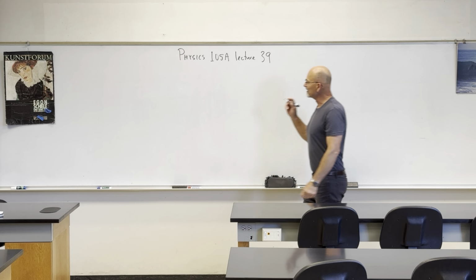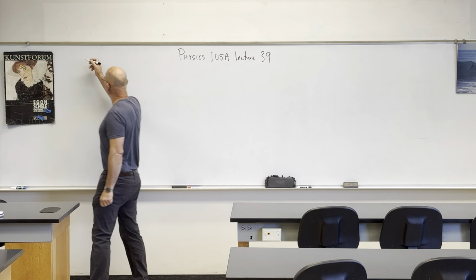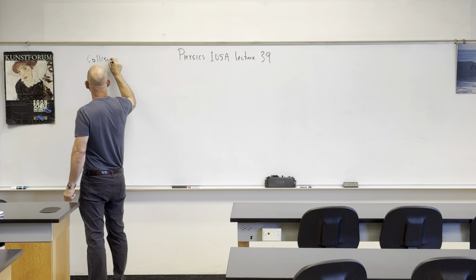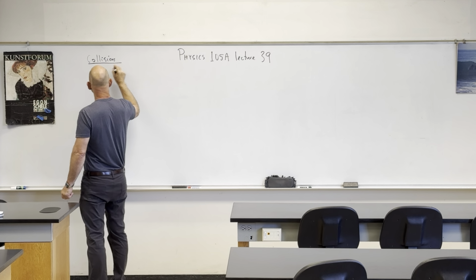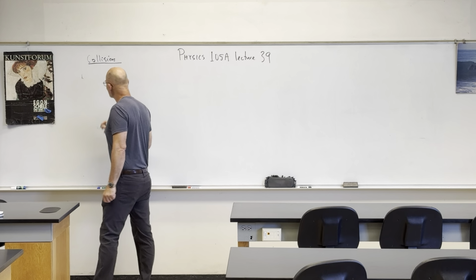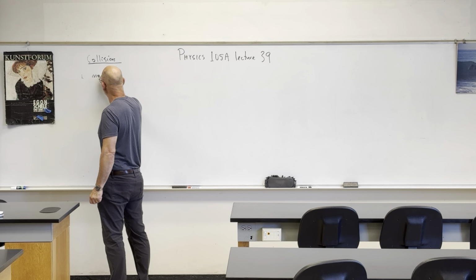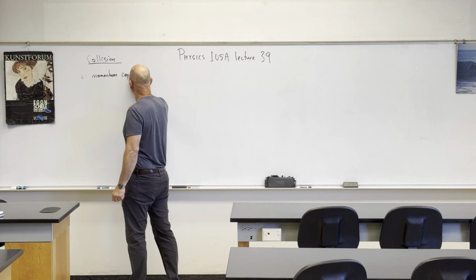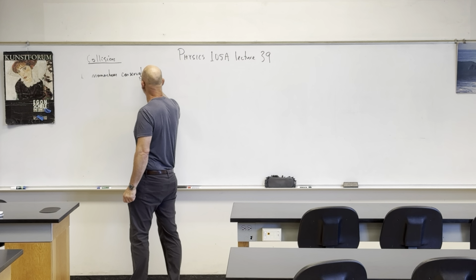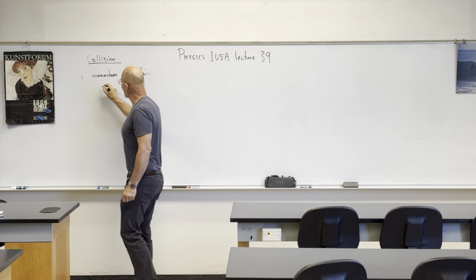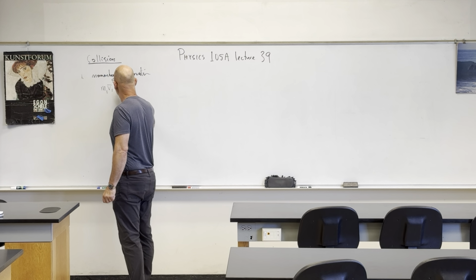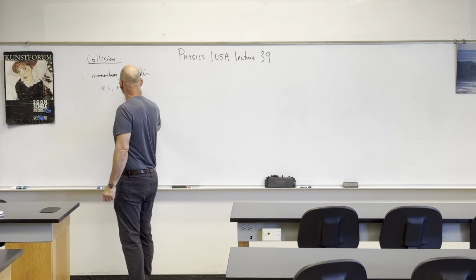I'll just set up a couple of these formulas again. So collisions, you have momentum conservation. And for two particles, momentum's a vector, so I'll write it with vectors: m1 v1 plus m2 v2.